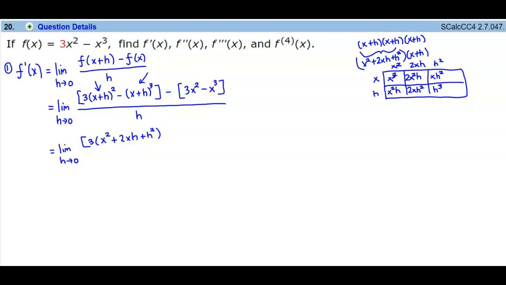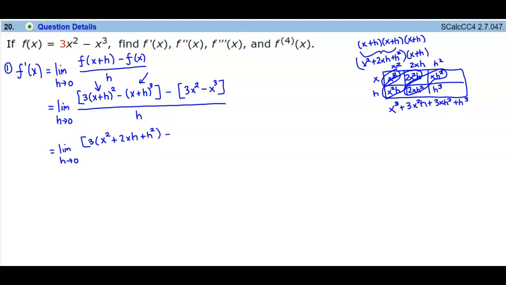Sorry, that should be x cubed here. So we have x cubed, combine those, which is plus 3x squared h plus 3xh squared plus h cubed.